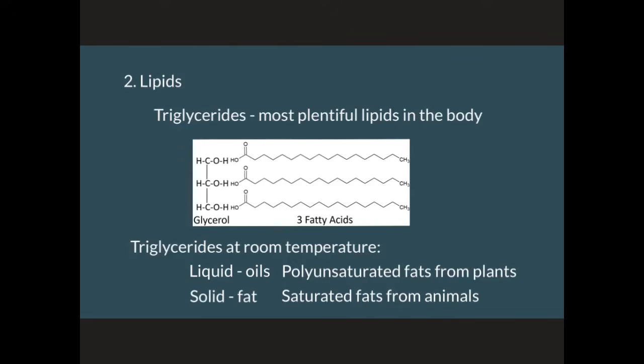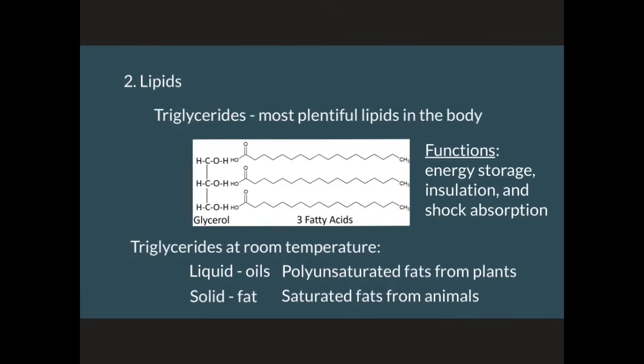When we talk about a saturated fat, all carbons are saturated with hydrogens, and in an unsaturated fat, some of those carbons are exposed without the hydrogens being there because of those carbon to carbon double bonds that are found. The functions of triglycerides are for energy storage, insulation, and shock absorption, which we would see with adipose tissue.